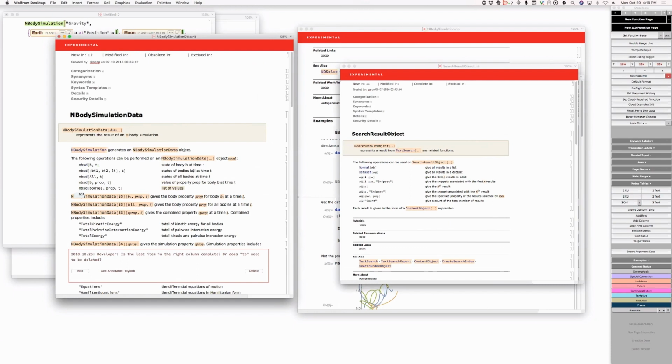List of values of prop for multiple bodies at time t. Okay, now you've got a list of properties.